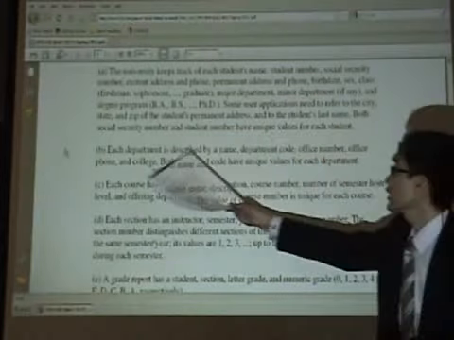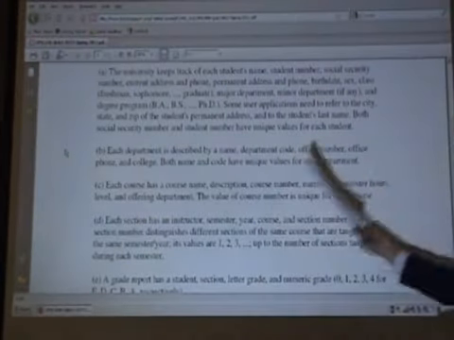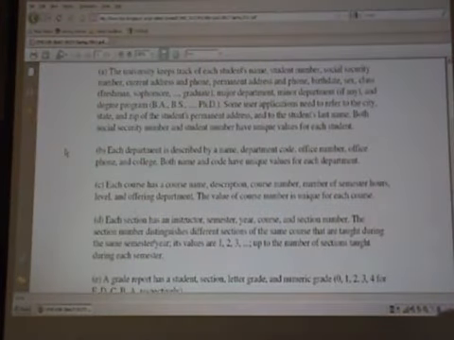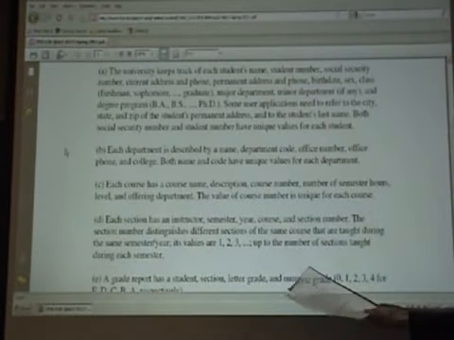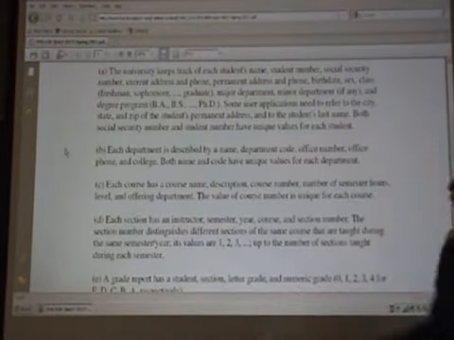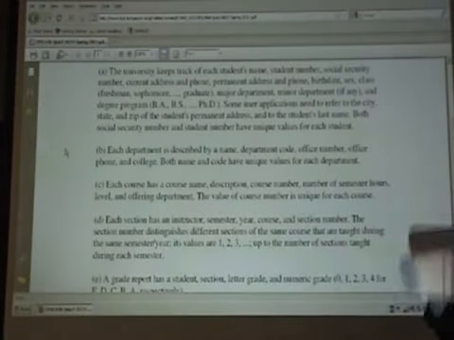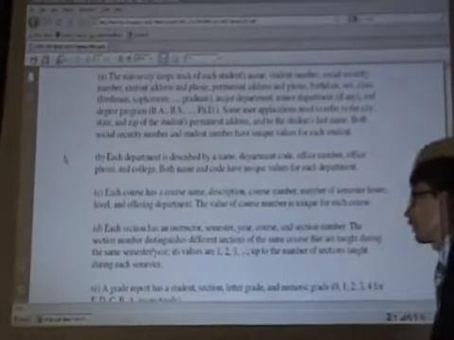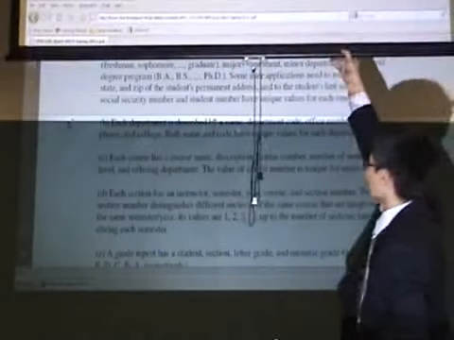Each department is described by such and such, so department can be one entity. And what else? Each course, and also each section and grade report, has something. So we can find some candidates for the entities. I think you memorize all of them.